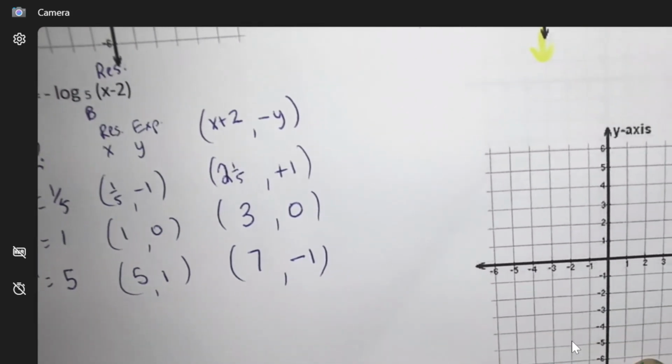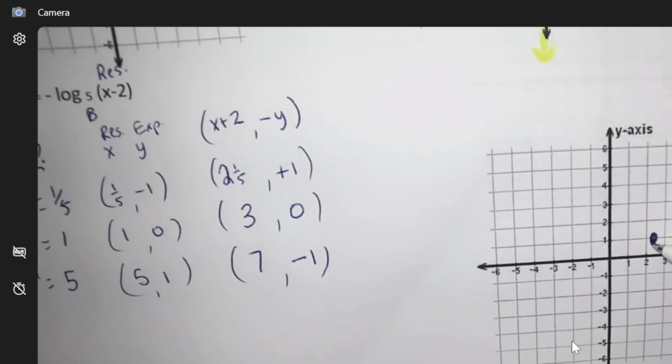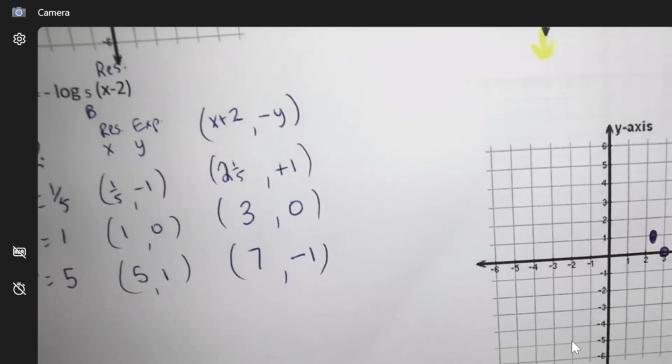Okay, so here I go. 2 and a 5th, comma 1. 3, comma 0. And sorry, this is a little bit off the map here, but 7, negative 1.